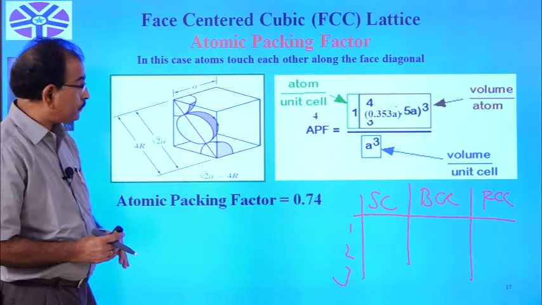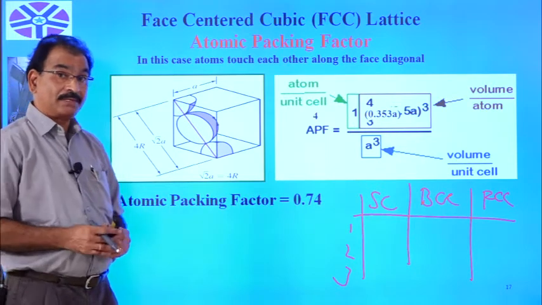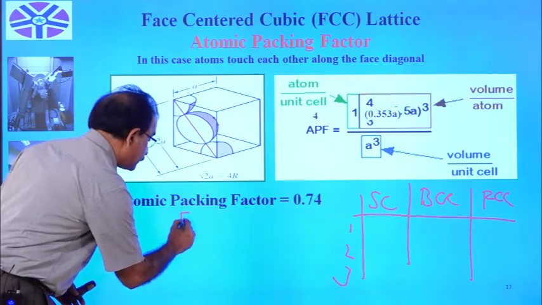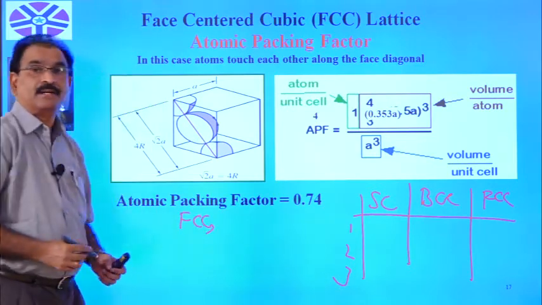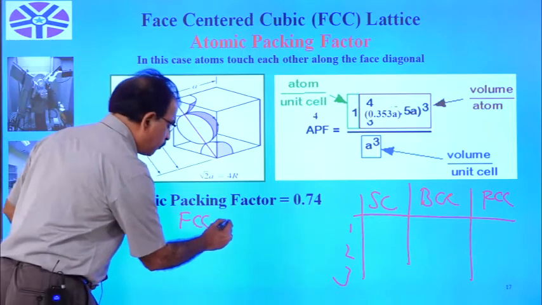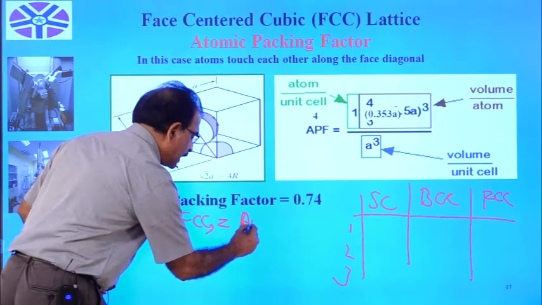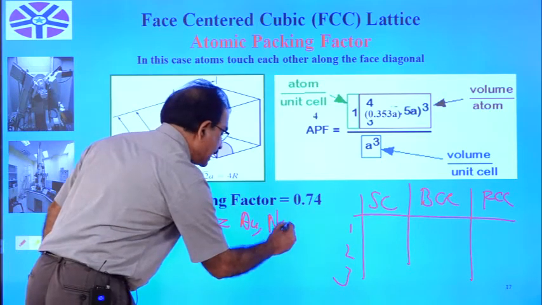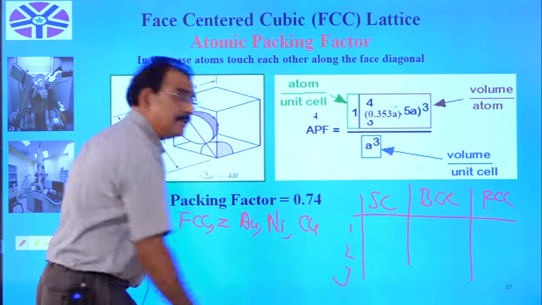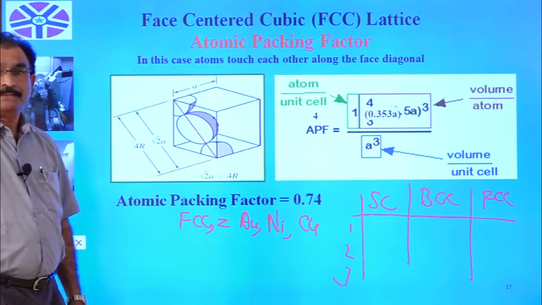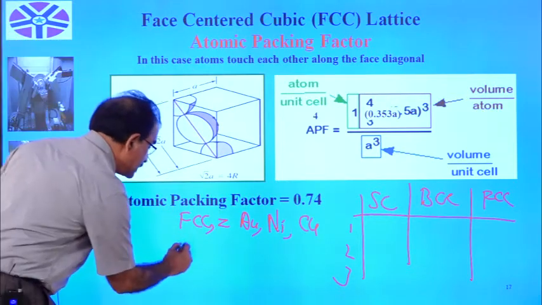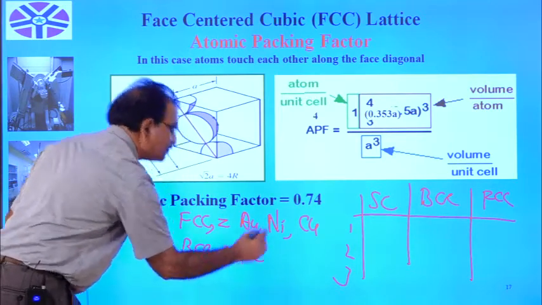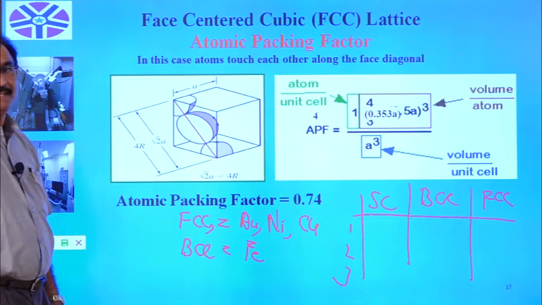Now let me give the examples. What metals have FCC lattice? All popular metals: gold has FCC lattice, nickel has FCC lattice, copper has FCC lattice. Whereas, if you take BCC, you have the very famous iron.